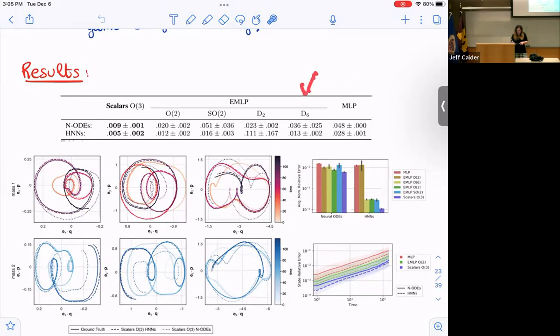This line is a neural ODE, and this line is a Hamiltonian neural network that implements the Hamiltonian symmetry. You can see that you obtain the smallest error when you have the most symmetries, which makes sense. And there's also some math that you can do to quantify how much you gain by imposing the symmetries. I'm going to show you one specific example of that.